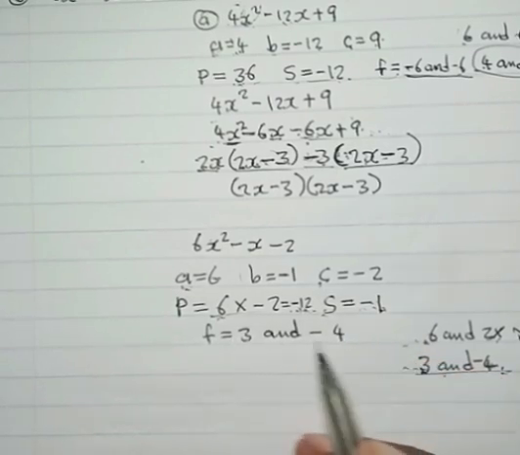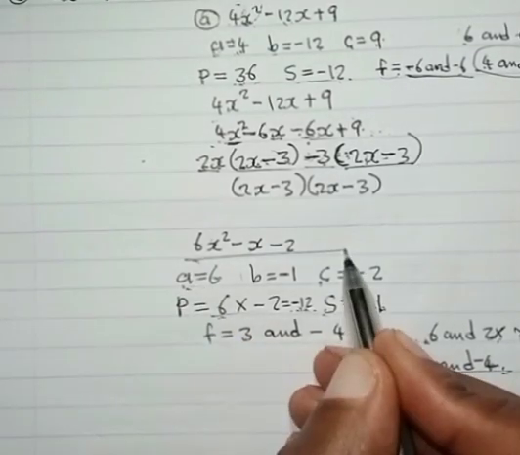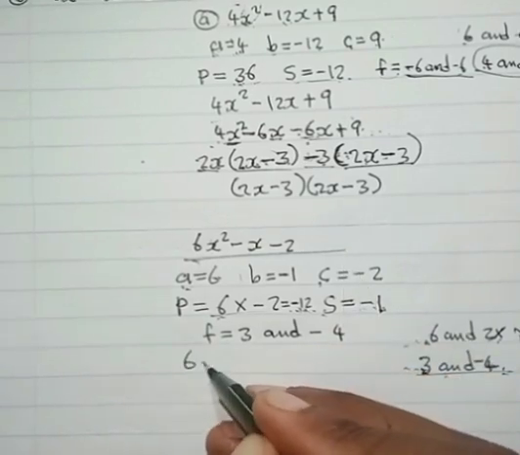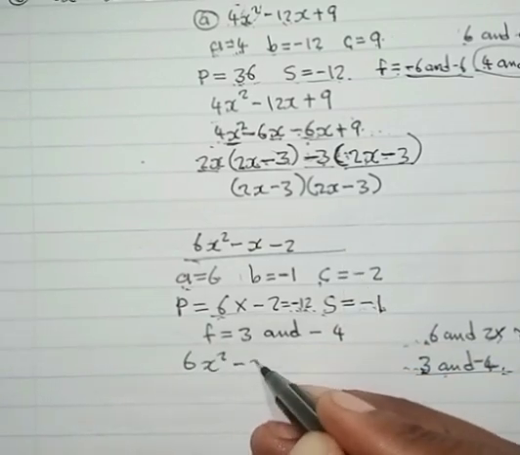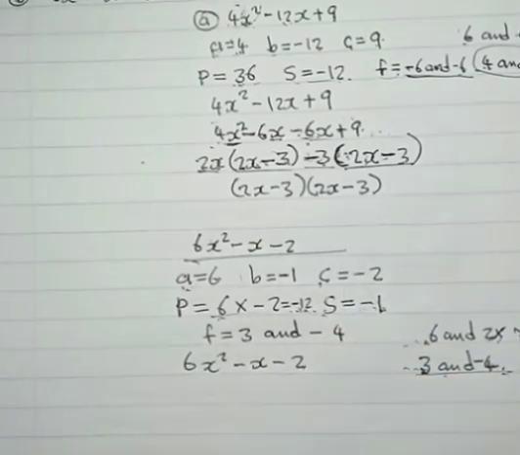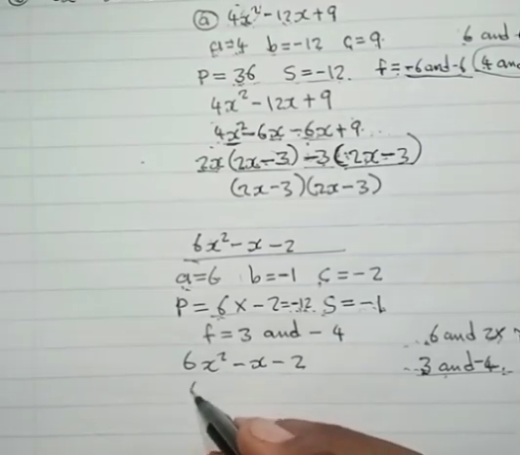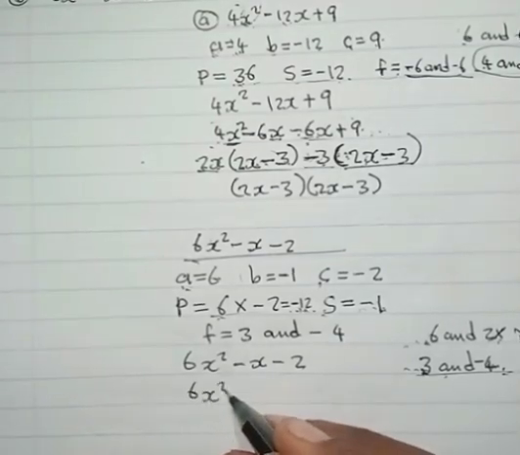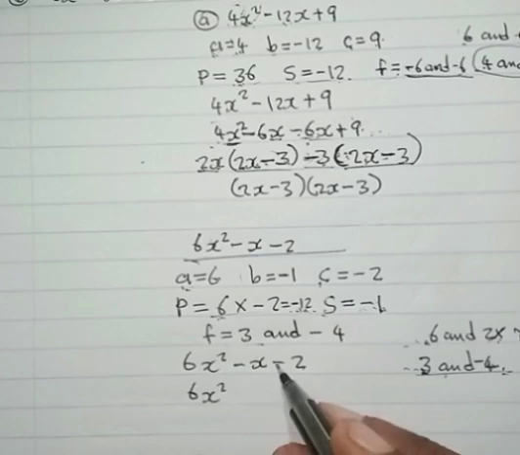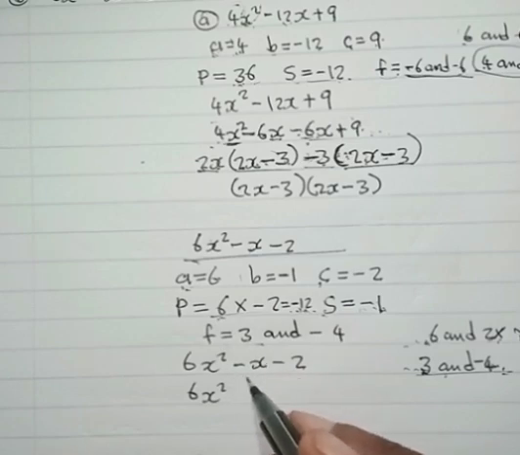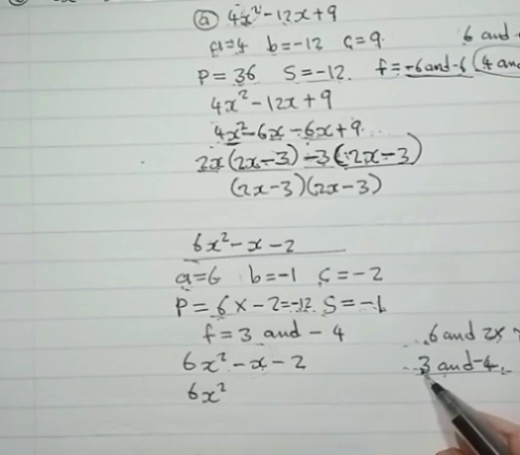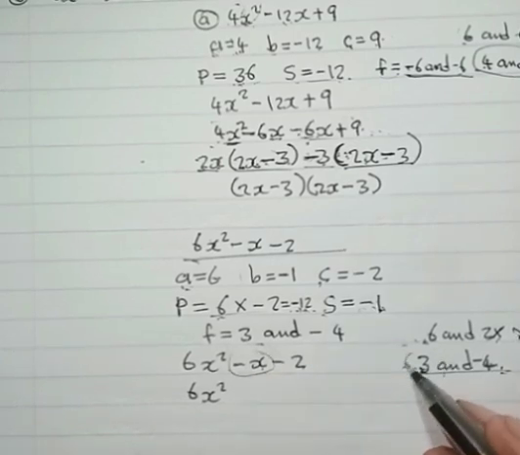Now, once we get these factors, we go back to our original expression, which is 6x squared minus x minus 2. We write the 6x squared, remove this term, negative x, and replace it with the factors.